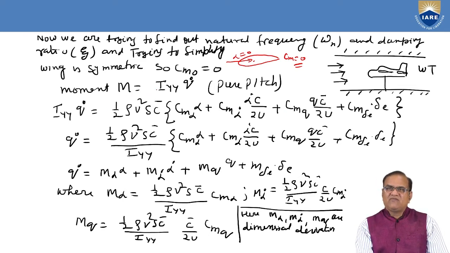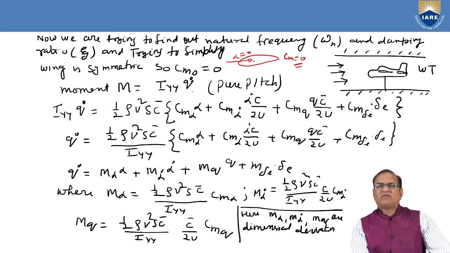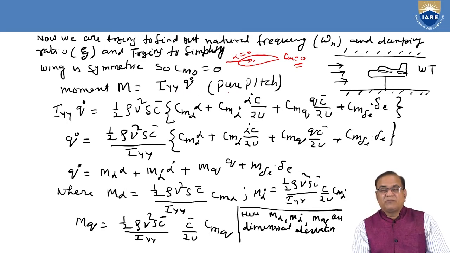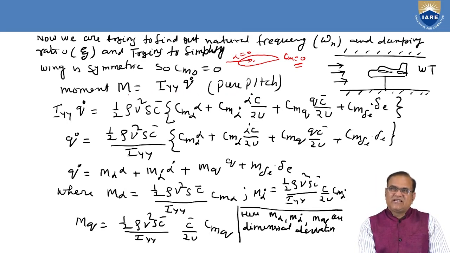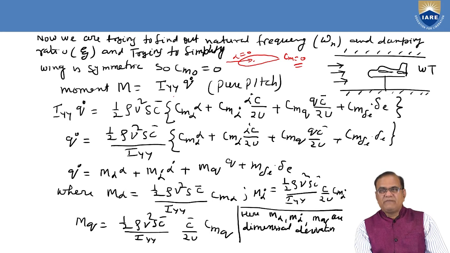And we know that the moment equation is equal to Iyy q dot. This we have derived, I think you remember, in our previous classes. For the pure pitching case, the moment of the aircraft is equal to Iyy, the moment of inertia with respect to the y axis, times q dot, where q is the pitch rate.